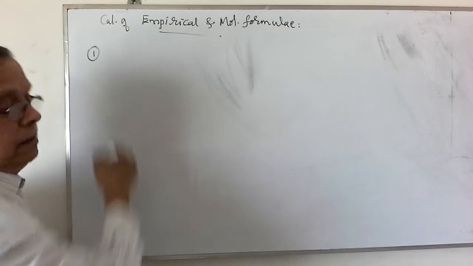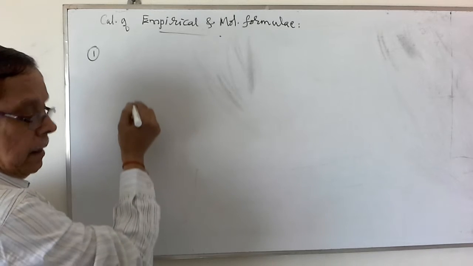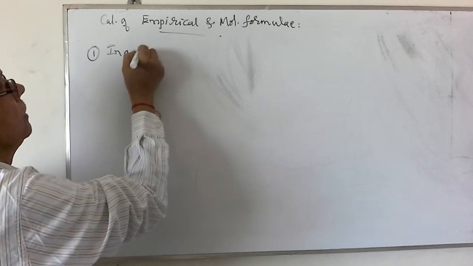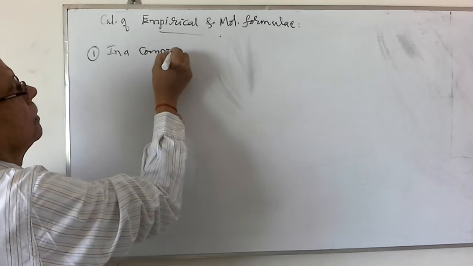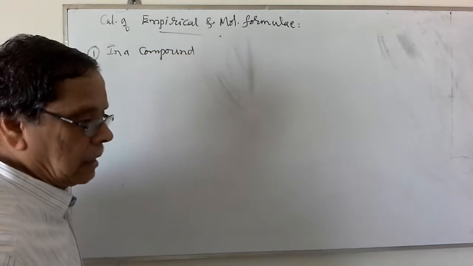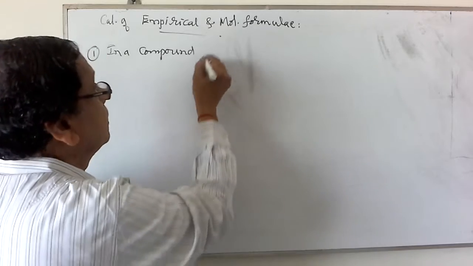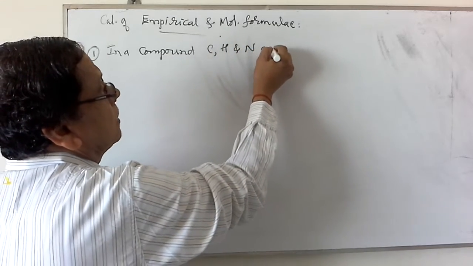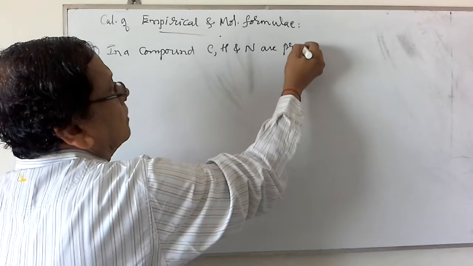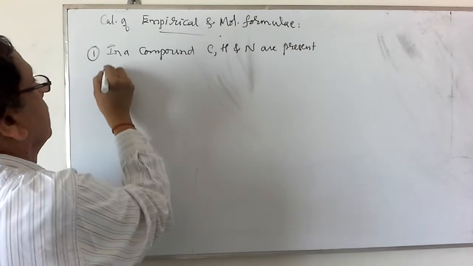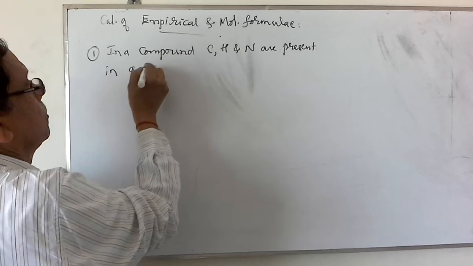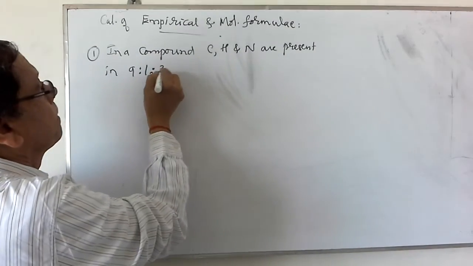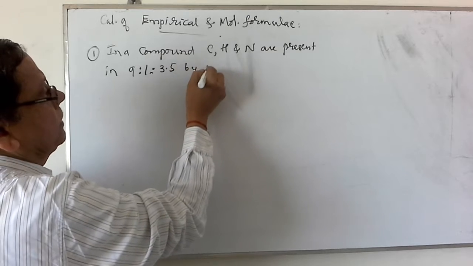So for this first one, in a compound, carbon, hydrogen and nitrogen are present in 9:1:3.5 by weight.